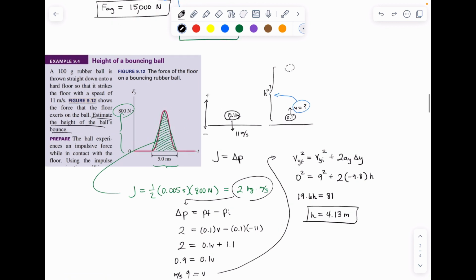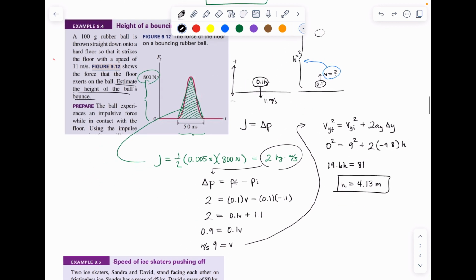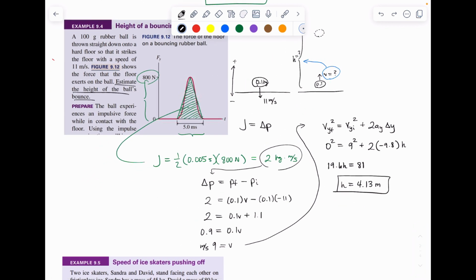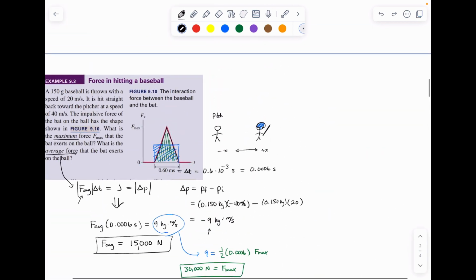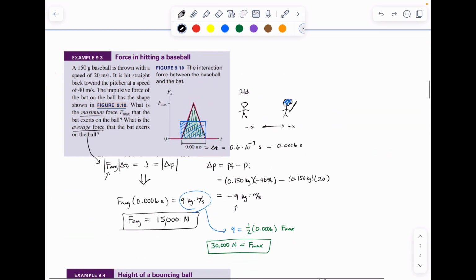Like a good example was this one, right? A floor or a wall or a baseball bat is delivering an impulse to something, and you're using that impulse to discover something about, right, the momentum of one of the objects. And really, those are the only two, broadly speaking, types of questions that you get.